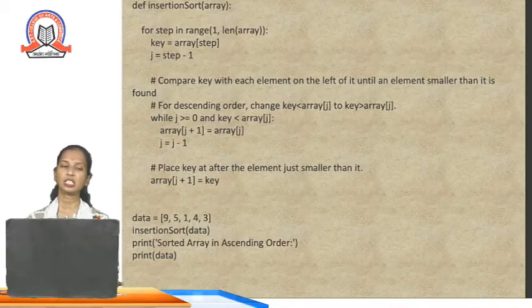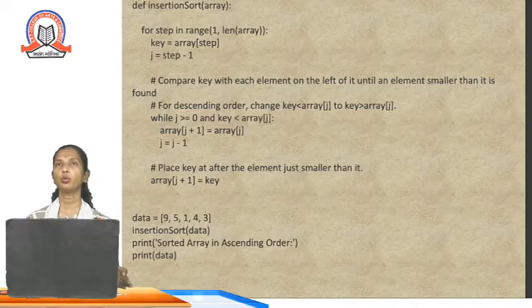Once the condition becomes false, the next task is that whatever value is present at the key location is going to be copied into array of j plus 1, and the same process continues.